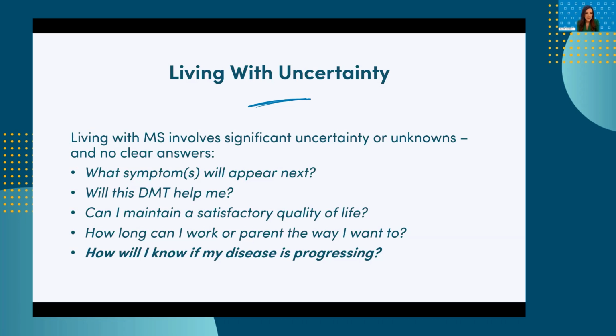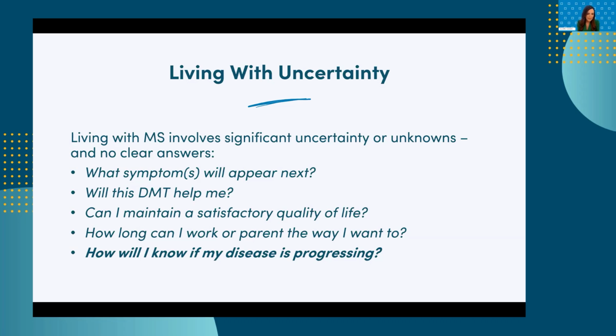What symptoms am I going to have? As you're meeting with your doctors and all your clinical visits, trying to decide on your disease modifying therapy, engaging in that shared decision making, you're trying to figure out what's going to work for you and what is going to best address your individual experience with your disease, your symptoms.